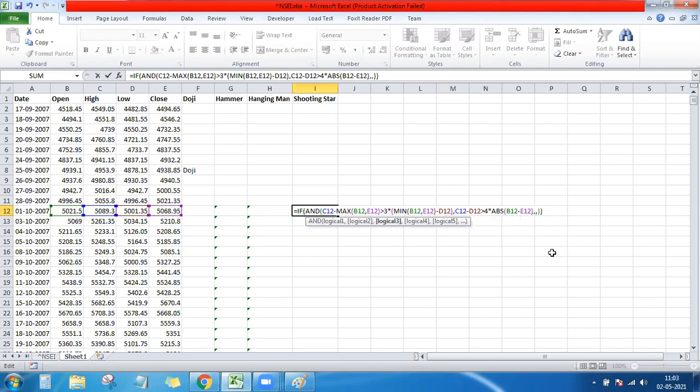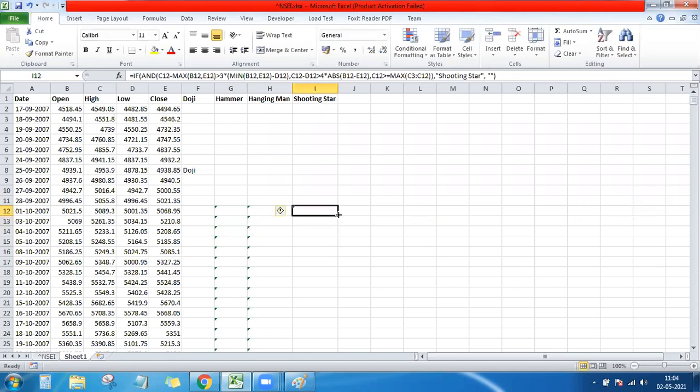And now comes the last condition, which is regarding the uptrend. So current high should be greater than or equal to the maximum of all these highs. If all these conditions are true, print it as shooting star. Otherwise, print nothing.